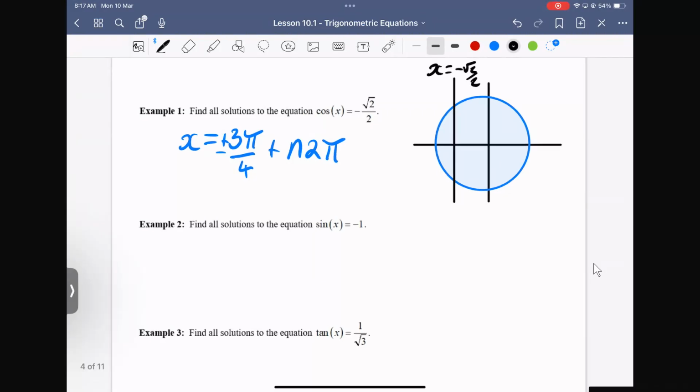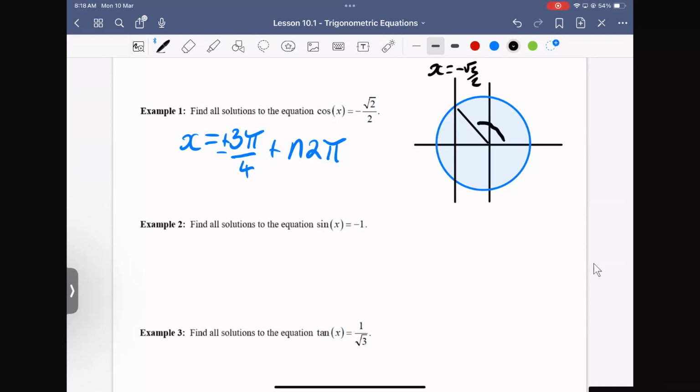We have two possible angles that fit this: this one here at 3 pi over 4, and this one here at minus 3 pi over 4. Because of the n2 pi, we only need these two, and then we can rotate around.